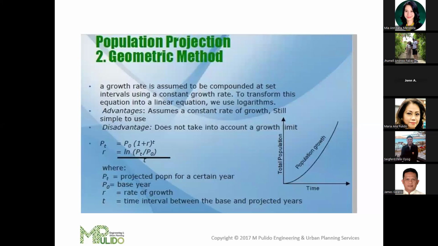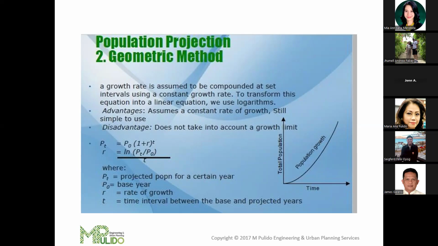For example, if it's 2%, of course, 0.02. T is the number of years since the base year. To solve for the rate R, when you have data for 2 time points, you use R equals ln of (PT over P0), all over T.